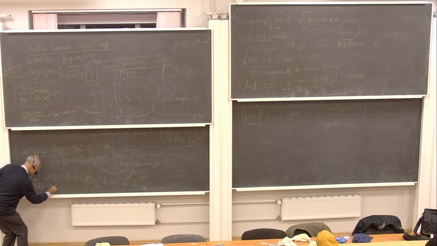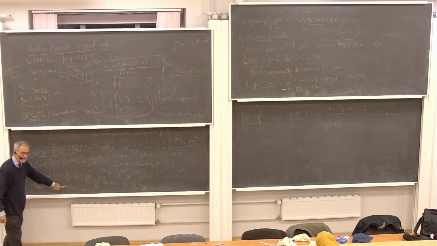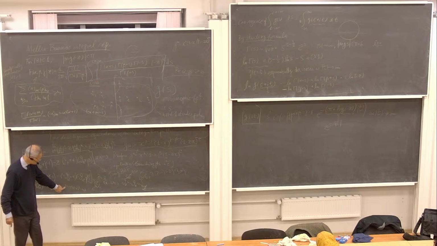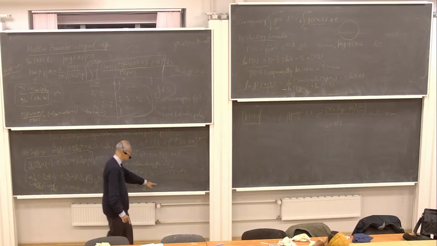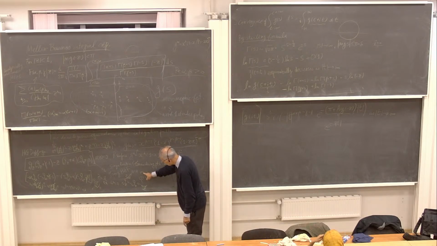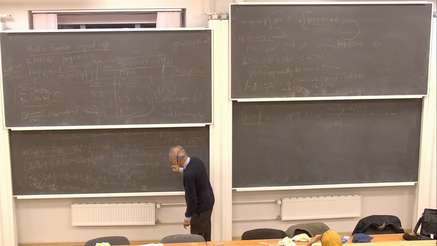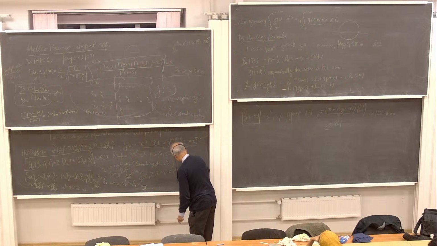Of course, you see immediately that w minus 1 equals 0 would be the singularities, and w equals 0 comes from here. So the singularities of these hypergeometric functions are always 0, 1, infinity.